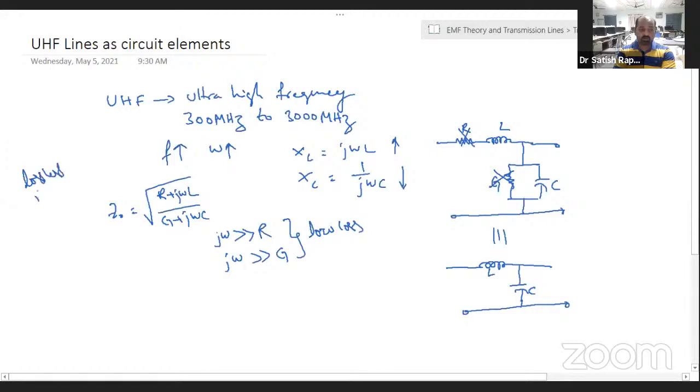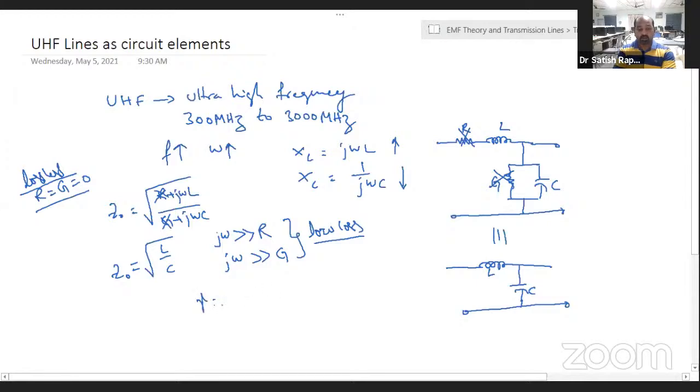We have discussed the lossless line, for which R is equal to G is equal to 0. But for low loss, j omega L is much greater than R, and j omega C is much greater than G. So we can neglect R and G here and get the characteristic impedance as square root of L by C, almost the same as for the lossless transmission line.